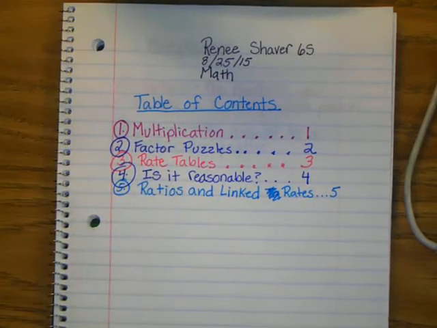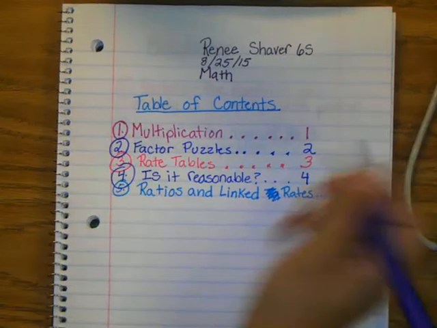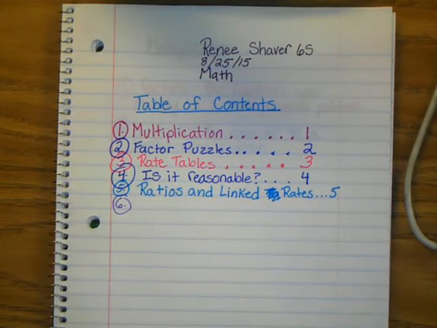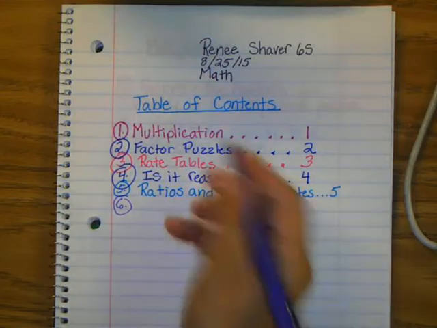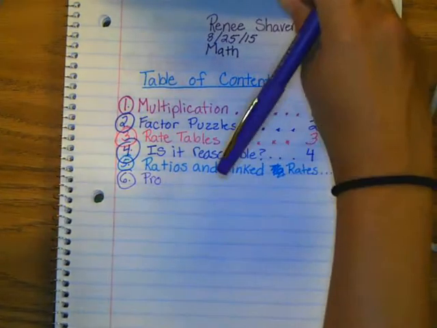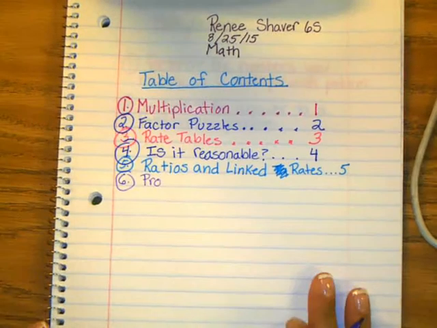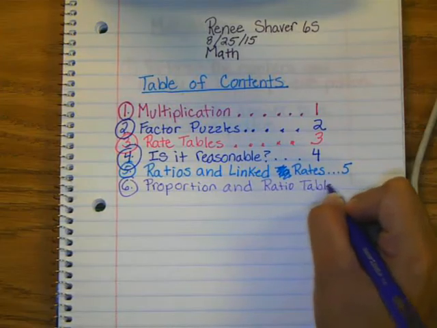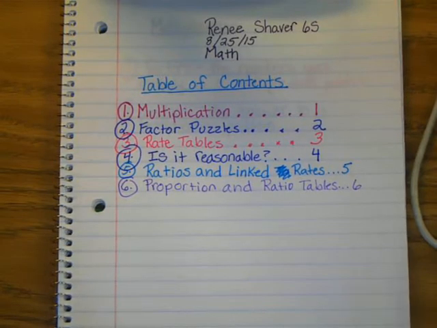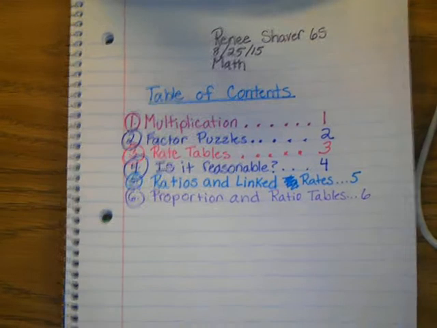On to number 6 on your table of contents. Go ahead and put number 6 and circle it. We're going to title it Proportion and ratio table. Page 6.